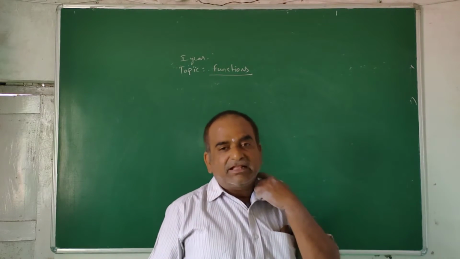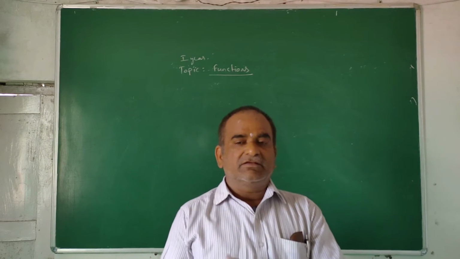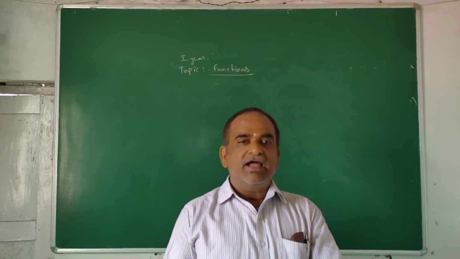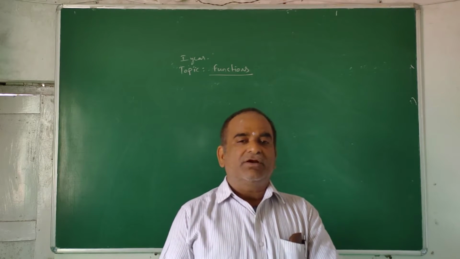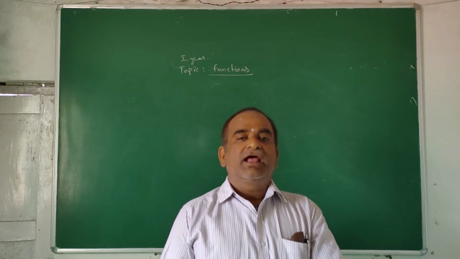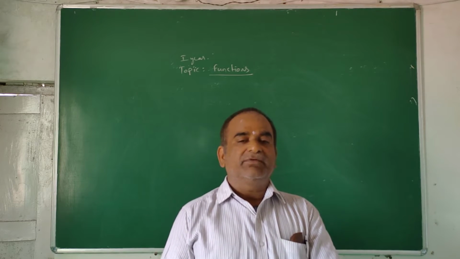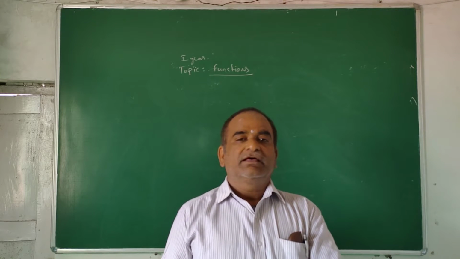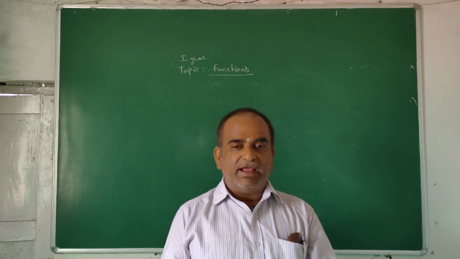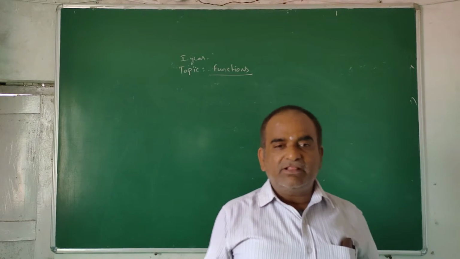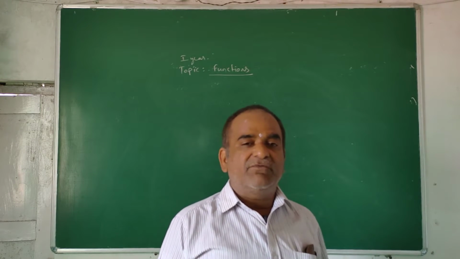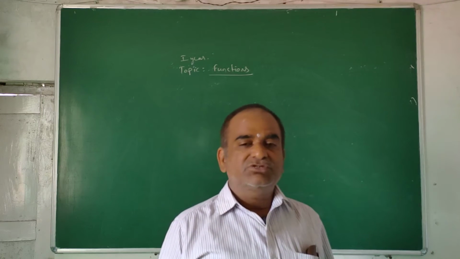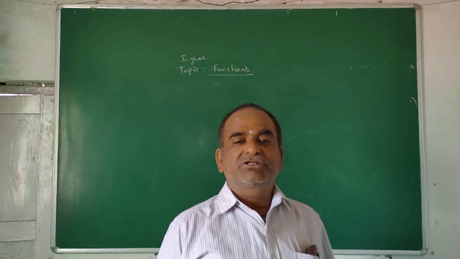In the previous class we have discussed what is domain, what is codomain, and what is range of the function, and what is the relationship between range and codomain, and that we have seen as range is a subset of codomain. Now coming to the point, various types of functions, which is most important in the functions chapter.